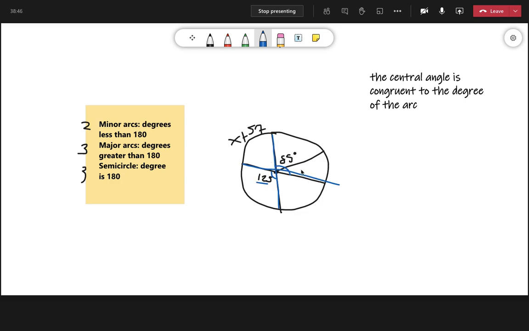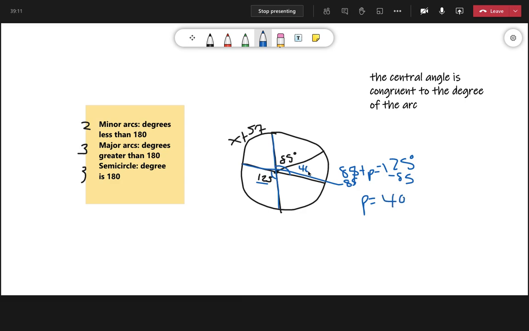We need to figure out what this angle is first. So we know 85 plus P is equal to 125 degrees. We're going to subtract 85 from both sides. 85 minus 85 is 0. P is going to equal 125 minus 85, which is 40.